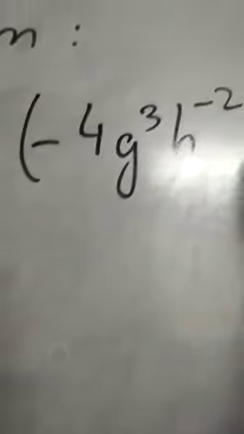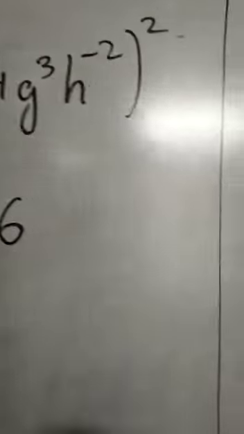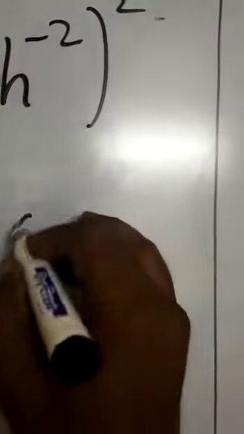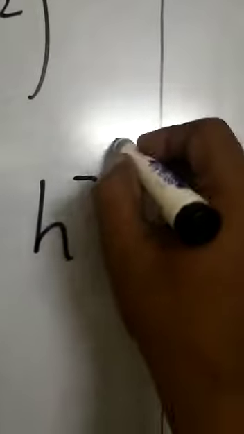Minus 2. Now over here we have minus. When it is under the influence of a square, it will become plus. 4 4s are 16, so we have to write 16 here, G to the power 6 and H to the power minus 4.